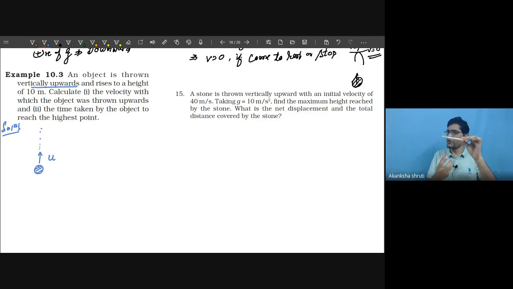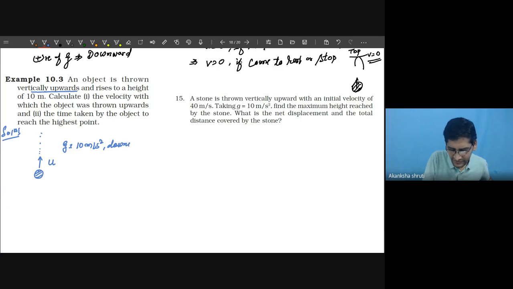Because of the earth's pull or force, the acceleration g is there, which is always acting downward. Let us take this g value as 10 meter per second square, downward.